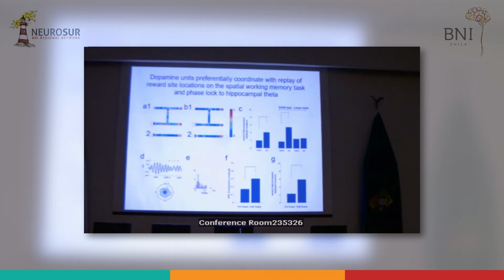We look at when a dopamine neuron fires, what locations the hippocampus is decoding at that time, and it turns out when dopamine cells are firing, they're twice as likely to fire at goal locations when the animal is replaying or running in a working memory task. If it's just running in a linear track task with no choice, there's no additional bias.